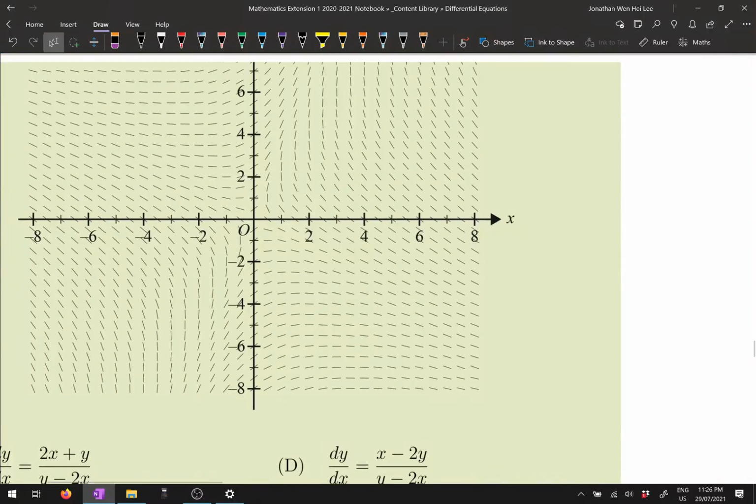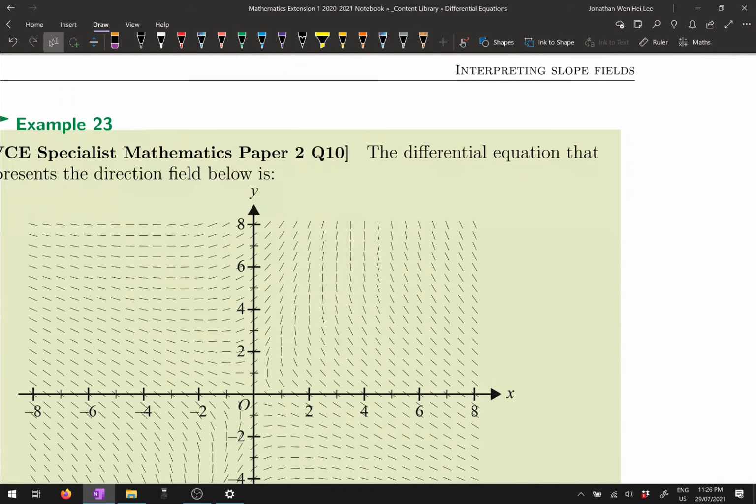So if you have a look here, I've got vertical gradients along here. I've got a few vertical gradients like here. Wait, that's not right. It's kind of like this one here is vertical. That's really not vertical.